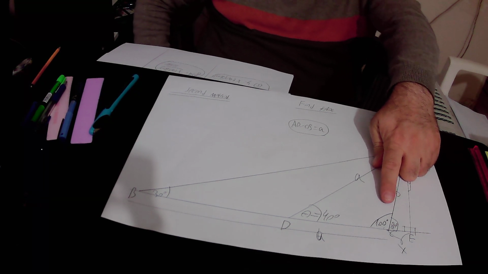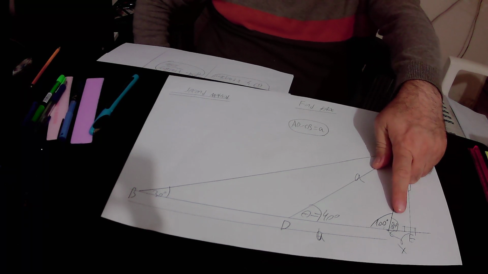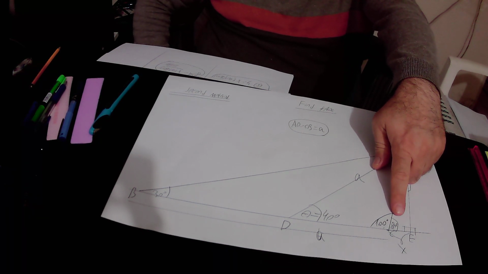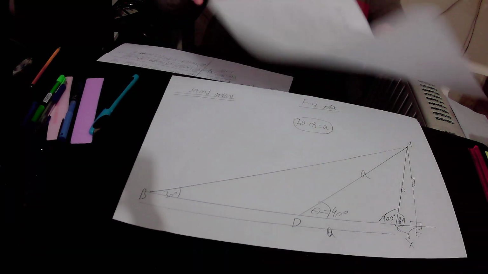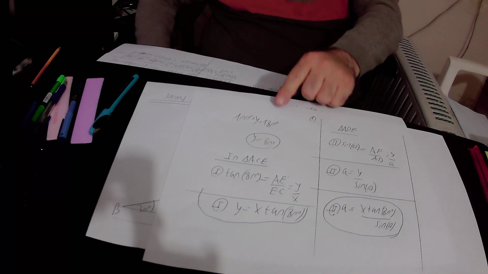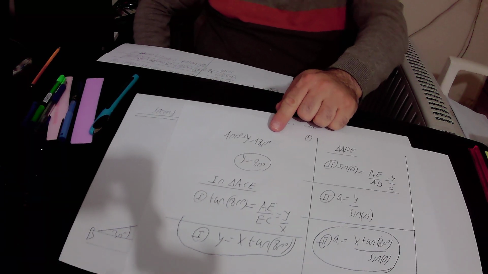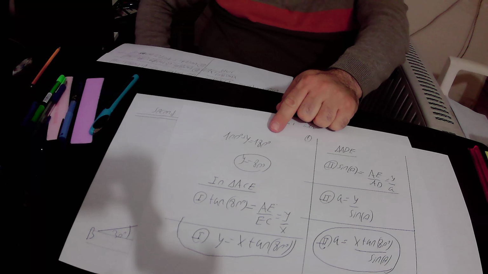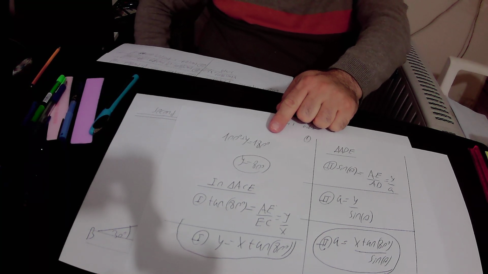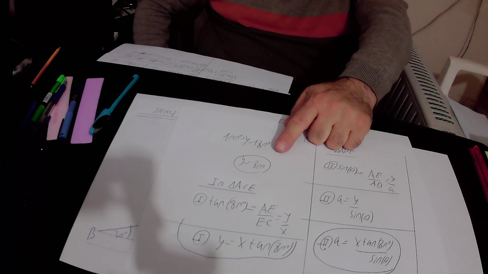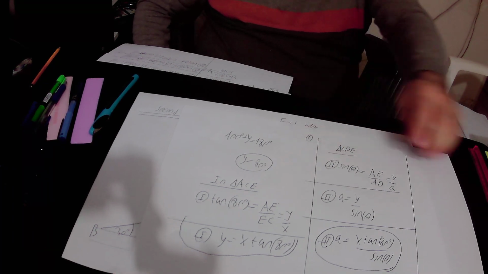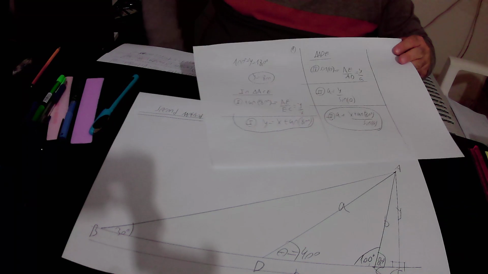That is to say, this angle that is 100 degrees plus angle Y must be equal to 180 degrees. We subtracted 100 degrees, and we got that angle Y equals 180 degrees minus 100 degrees equals 80 degrees. So the value of angle Y is 80 degrees.